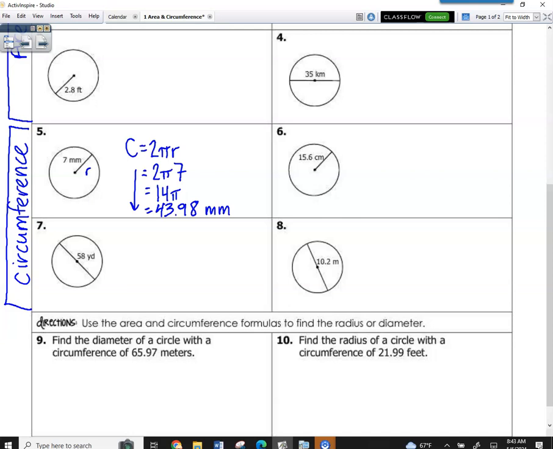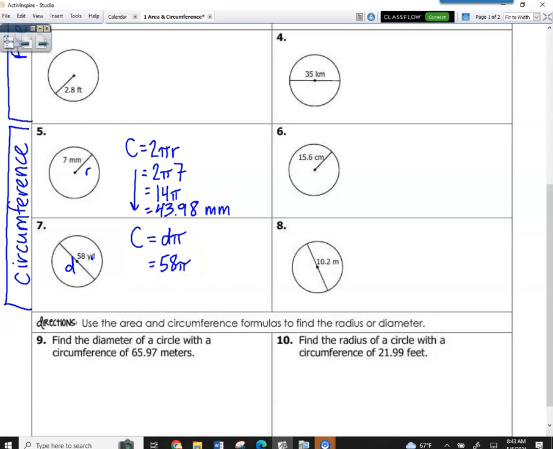Now, number 7, what do they give me in the picture? They give me the diameter, so let's think smarter, not harder here. Let's use the circumference formula that has a d in it, and that would be d pi. And this is going to be so easy, you're going to feel like you're doing it wrong. Because the diameter is 58, I would just plug in the 58, and it's already in terms of pi.